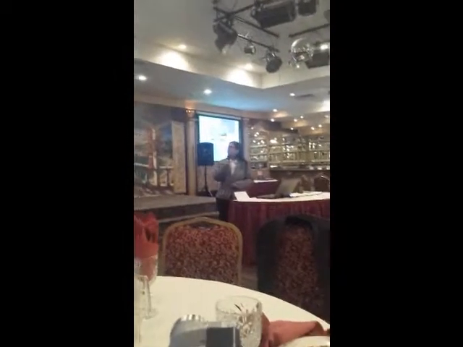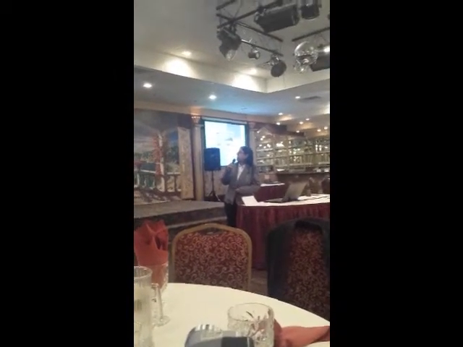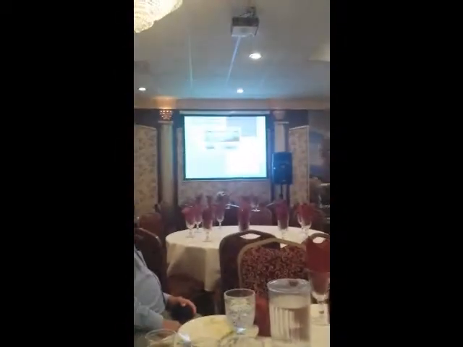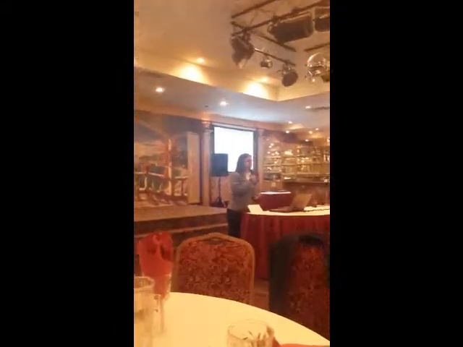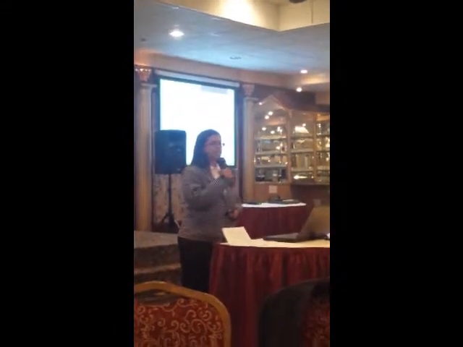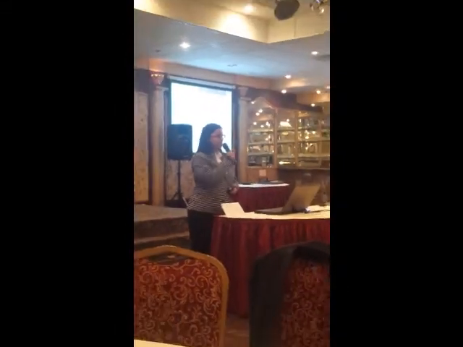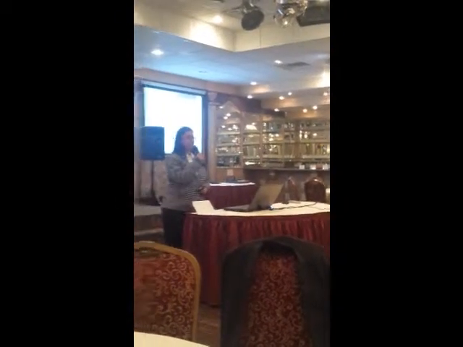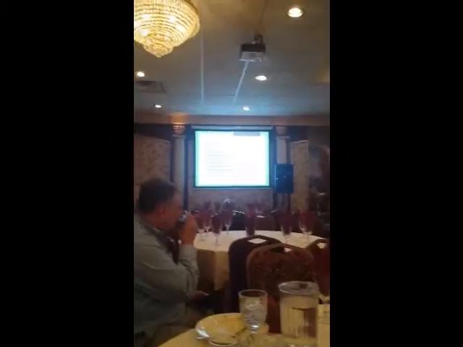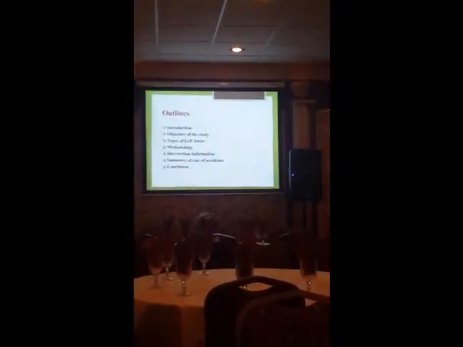This is the project that I did: left turn treatment and safety study at signalized intersections. The outline that I'd like to go over quickly before starting is the introduction of the study, then objectives, why I did it, and types of left turns, so that I can familiarize you with the types of left turns we usually have.